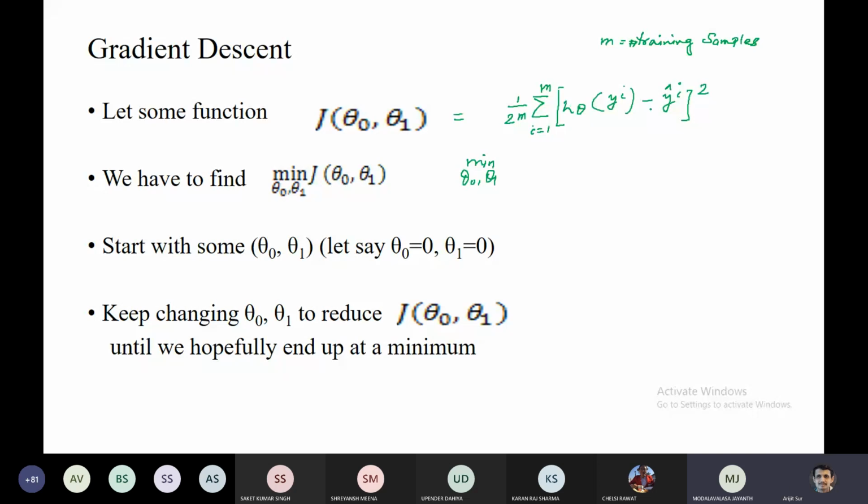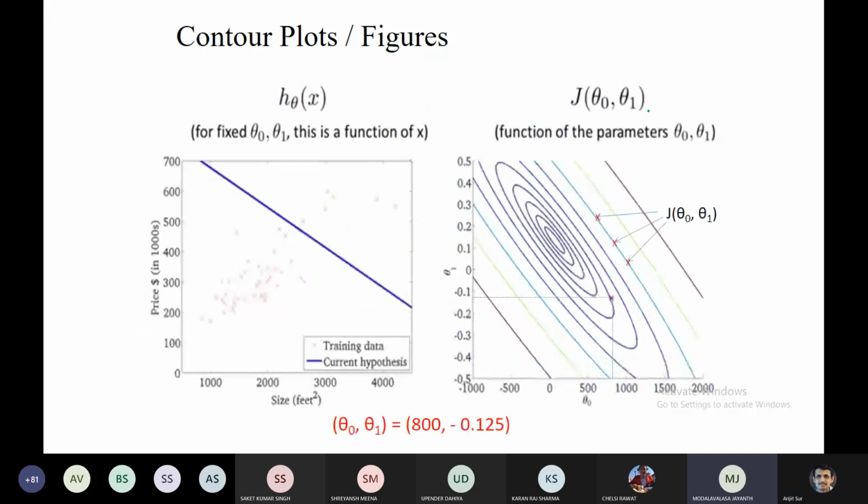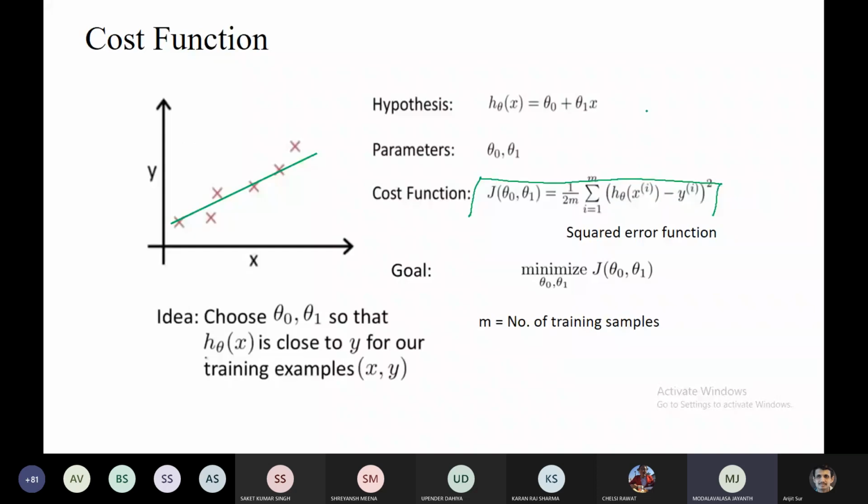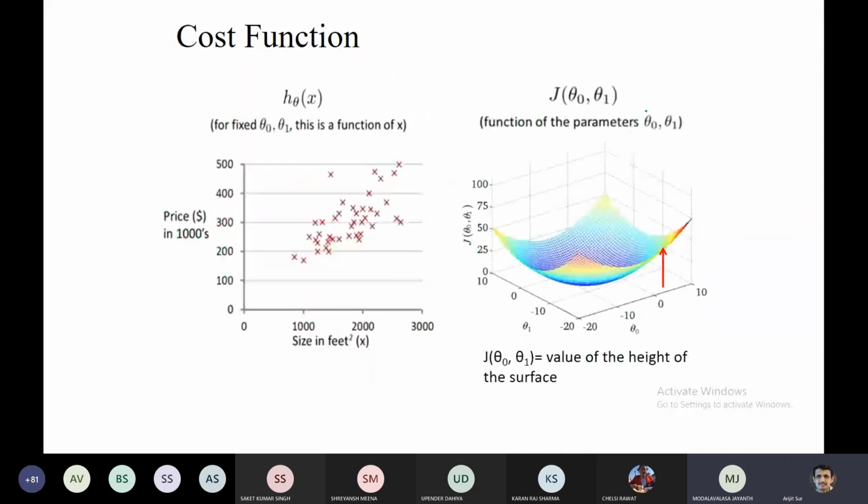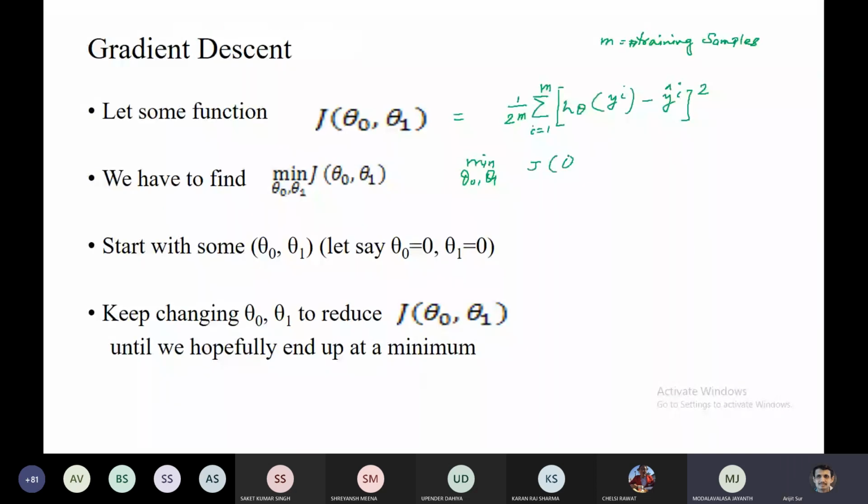Okay, I think that is the thing, that is J(θ0, θ1). Sir, it should be h_θ(x_i), I think. Yeah, that is right, actually.